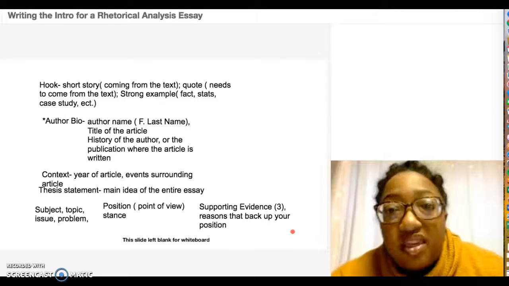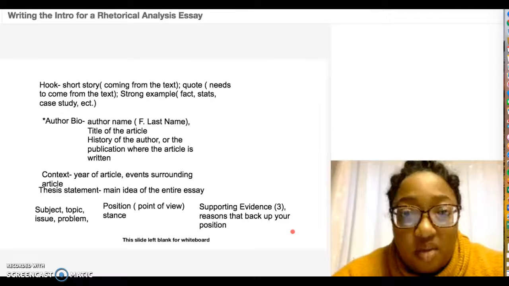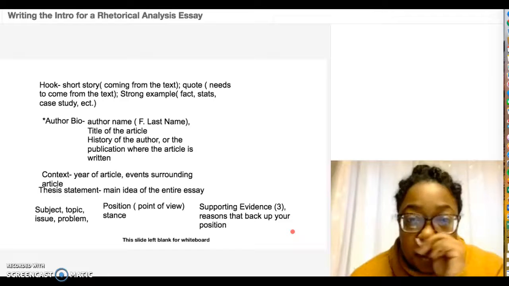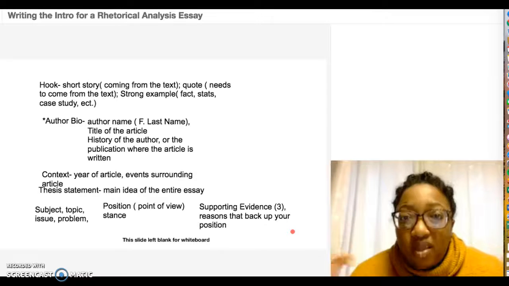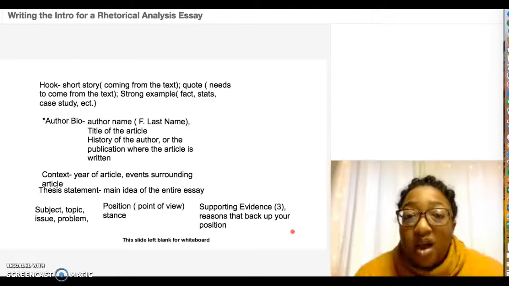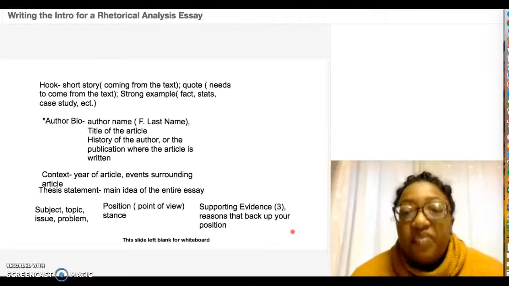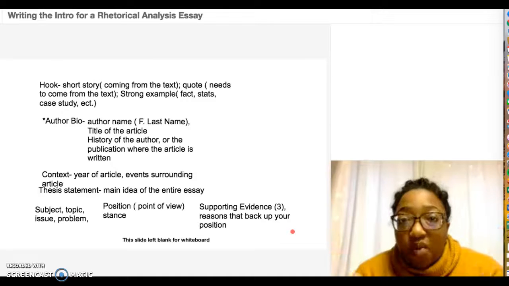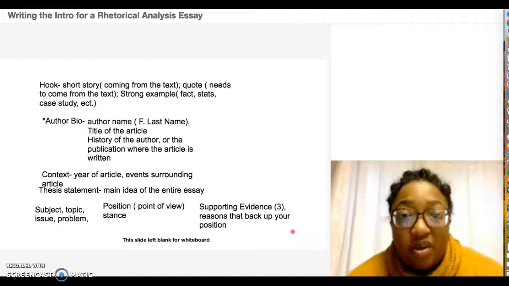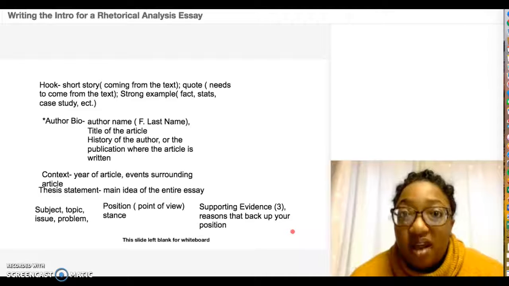And when you look at the handout, we'll start to see how that breaks down in the next little video that I'm going to have for you. But what these three things do is they work together to create this one singular sentence that helps you to unify what your paper is going to be about, and it gives a very clear roadmap for what you're going to be discussing in your essay.